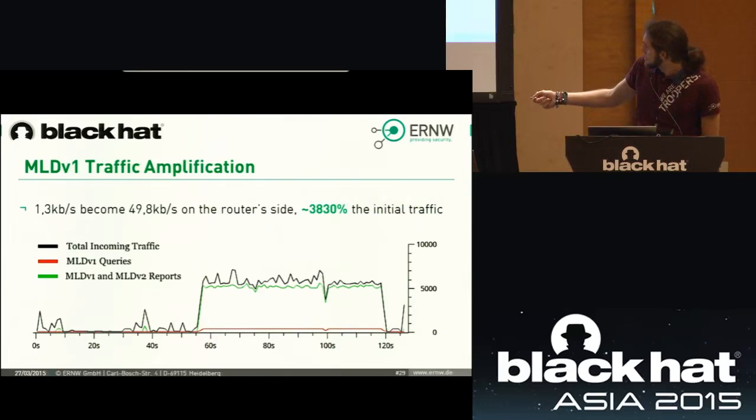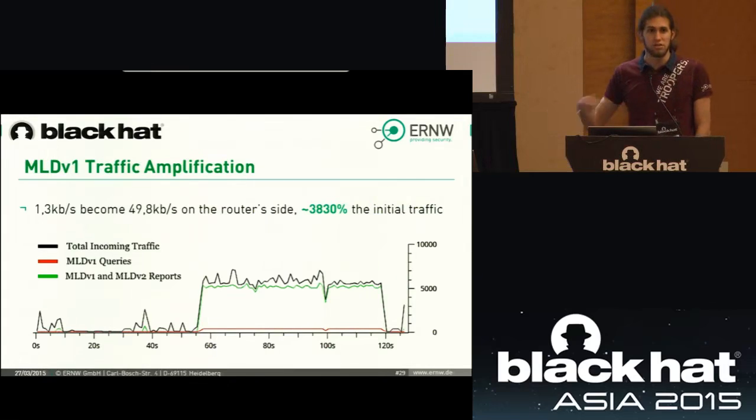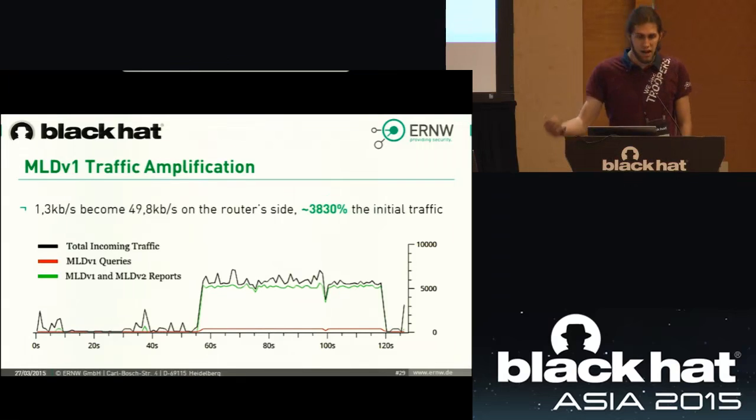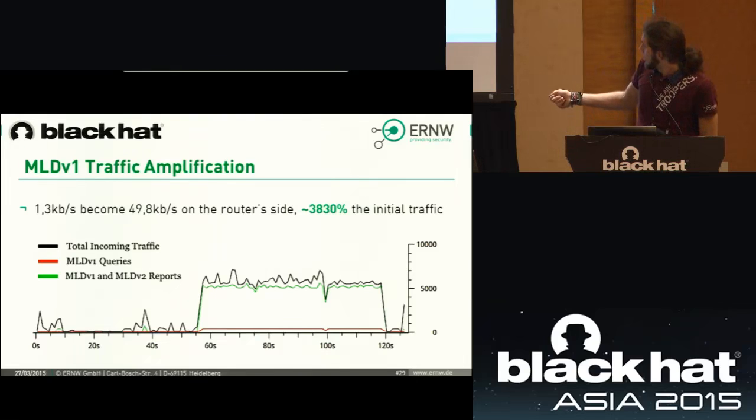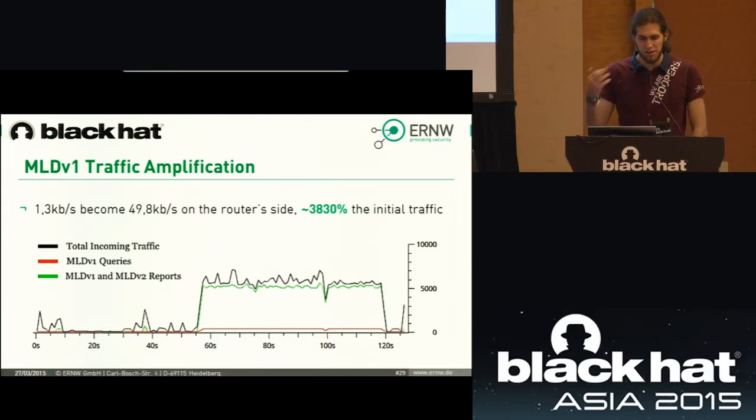What you can see here is the time where just our router sent queries periodically, not every time, just every 120 seconds. And after 50 seconds, we started to send MLD version 1 queries, or better, not one, we sent 10 per second.